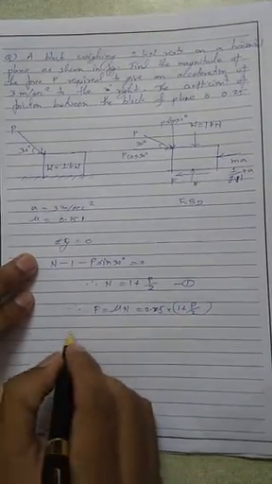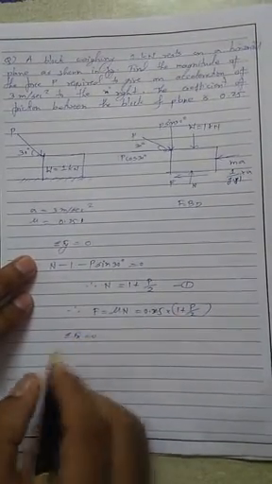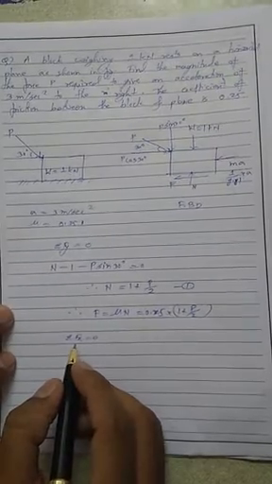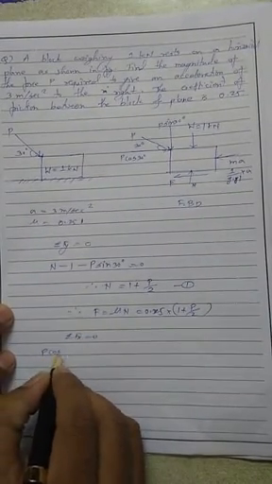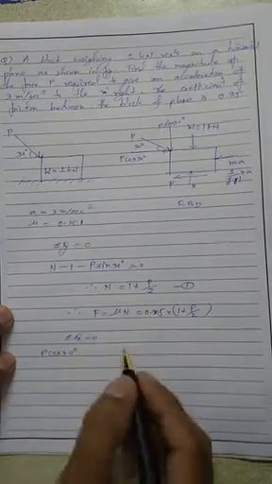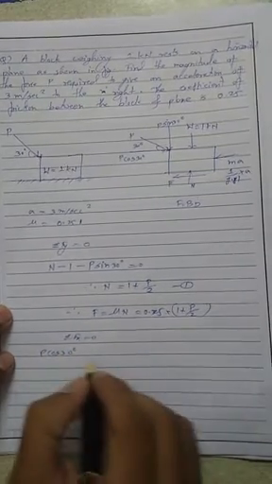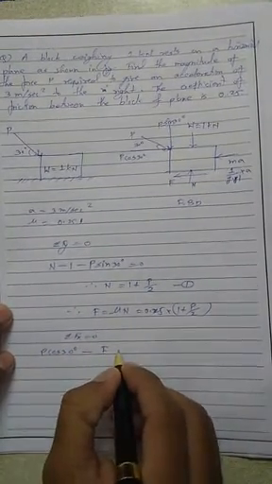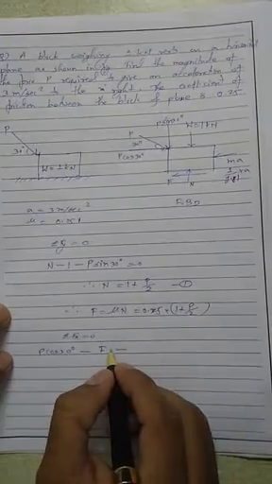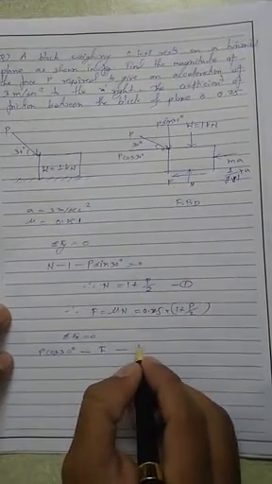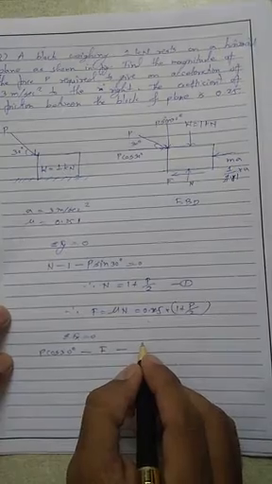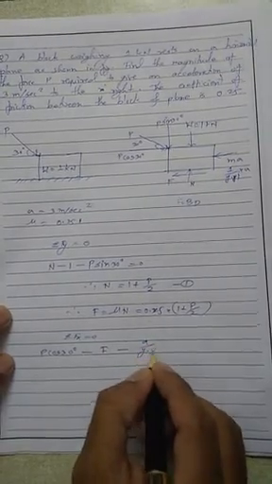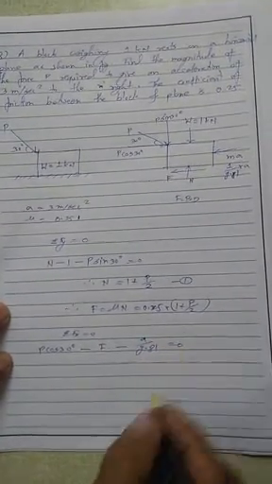Apply the second equilibrium condition, summation of Fx equal to 0. The horizontal force P cos 30 is in the positive x-axis, minus F, minus M into A, which is the D'Alembert's force or inertia force, that is A upon 9.81, equal to 0.